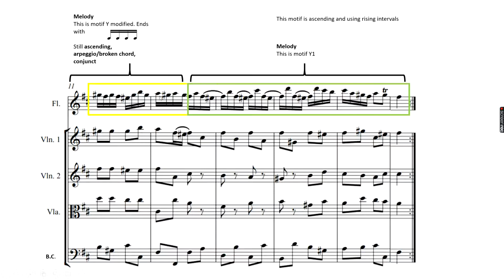The distance between the F is getting higher. It used to be an F and A, then F and B, F and C, F and D. It's constantly getting higher in pitch. The intervals are rising, and the distance between those two notes is rising. So Y1 would be ascending and rising in intervals.